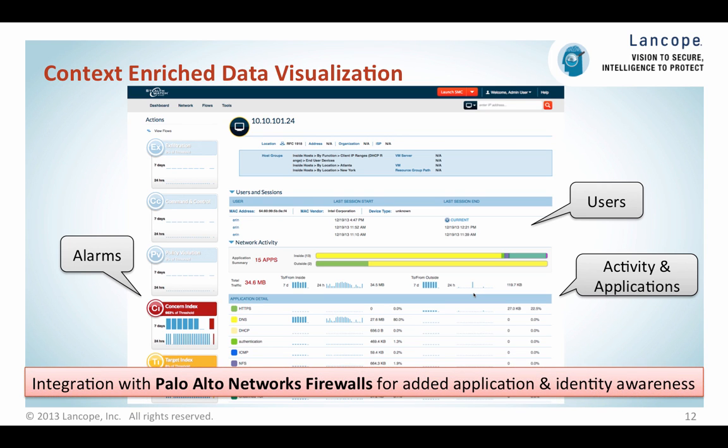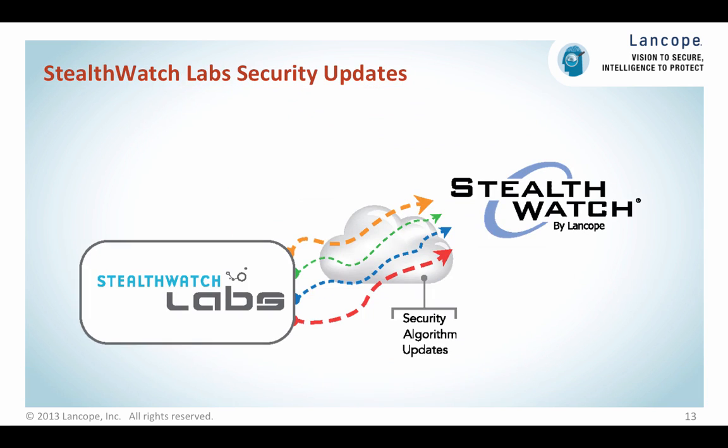The enhanced support of flow data from Palo Alto Networks firewalls, and more specifically, the ability to leverage the user ID and application ID fields in the flow records produced, help to heighten the value of this type of report. The last new security feature in StealthWatch 6.5 that I want to mention is the StealthWatch Labs security updates.